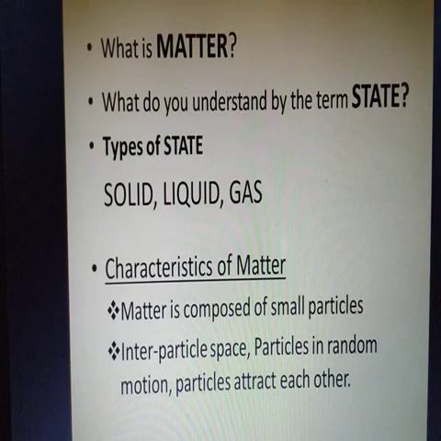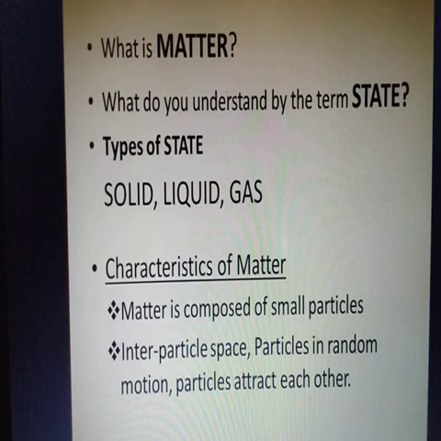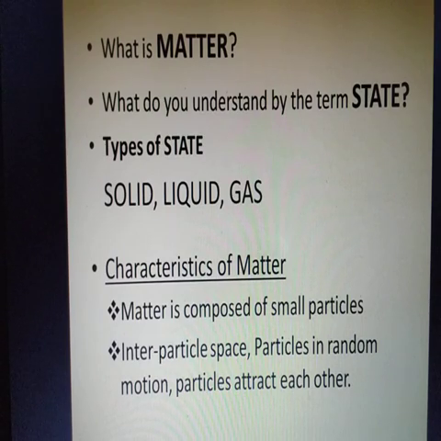If you take two different balls and touch them together, you will see only a very small portion, a certain point, of the two balls touches each other. The rest of the surface does not touch. So interparticle space has to be there, right? Those particles are in random motion.